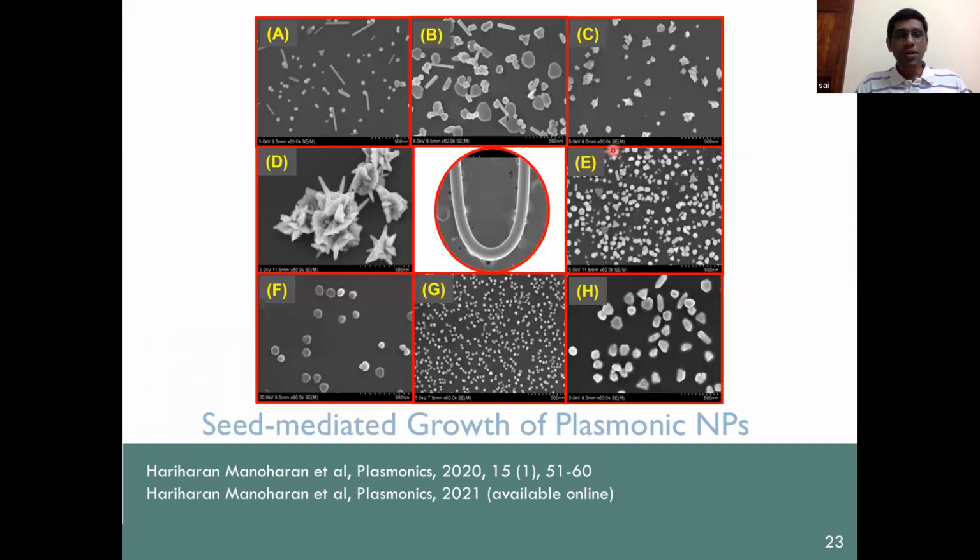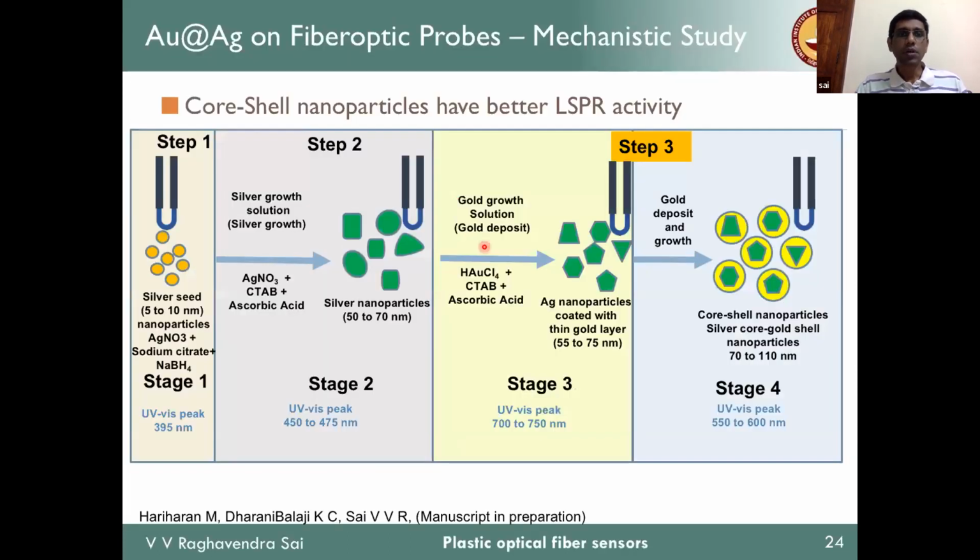So we have worked on seed-mediated growth of plasmonic nanostructures. We want to generate plasmonic sensors by simple chemistry, seed-mediated growth. These are some of the nanostructures that we have developed on an optical fiber. Quite interesting. One interesting part is this is unpublished data where we just took seeds and immobilized them on the U-bend optical fiber.